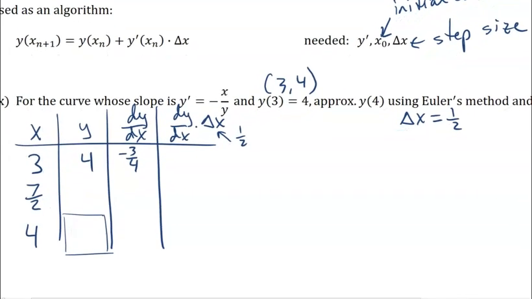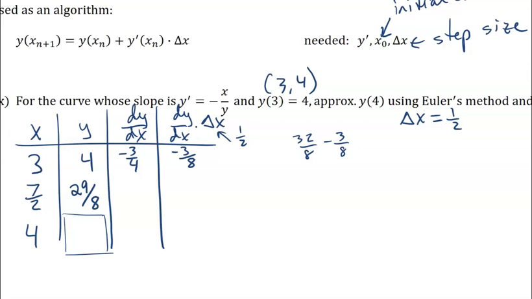And then I'm going to take that, multiply by 1/2, we get negative 3/8. I take that value, and remember we add it to the previous y value, so I do 32/8, minus 3/8, so we get 29 over 8, okay?